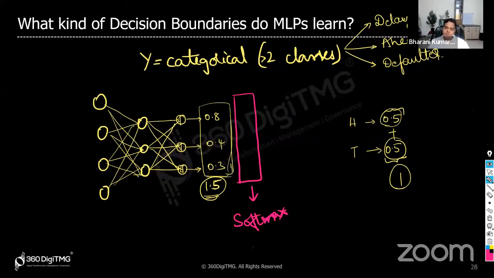What is the role of the softmax? The role of softmax is to normalize these values and ensure that the outputs that you get for these three are going to be some numbers.